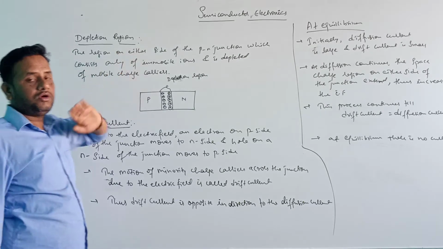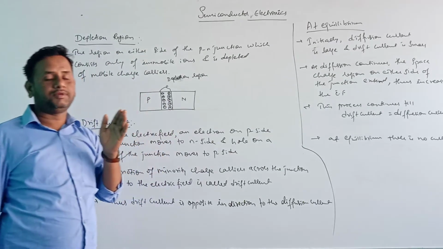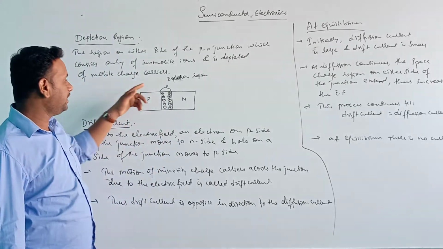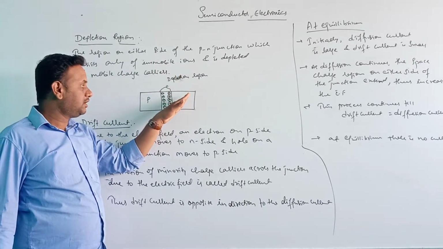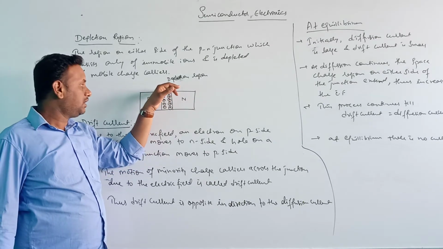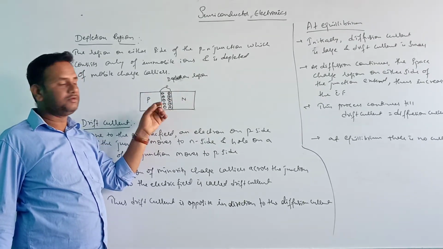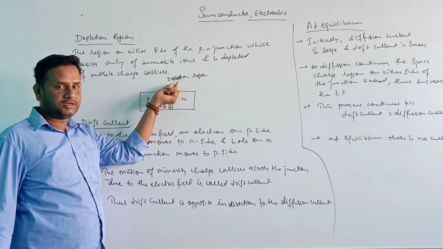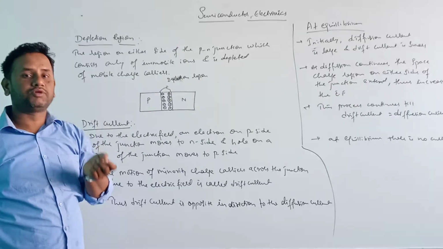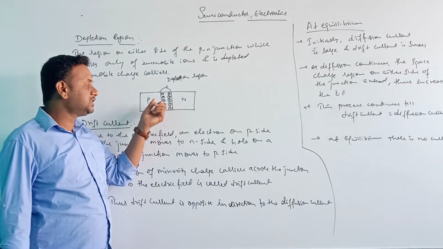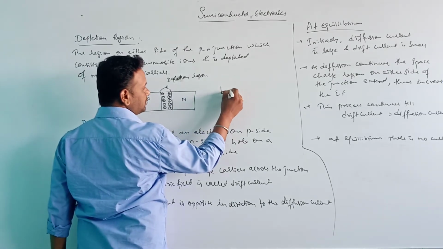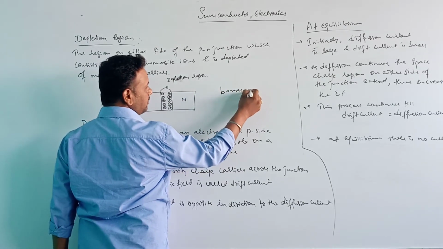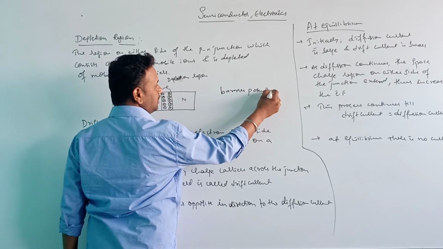On the P side, a layer of negative ions is forming, and on the N side, a layer of positive ions is forming. This results in the potential gradient, which is also called the barrier potential.